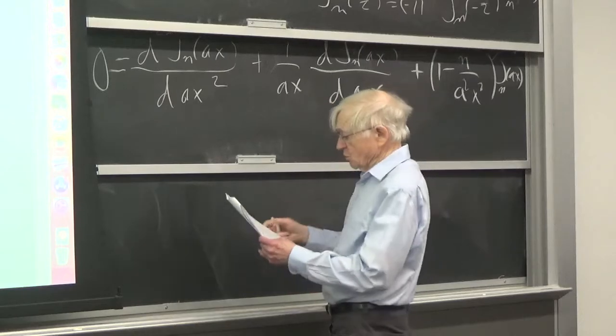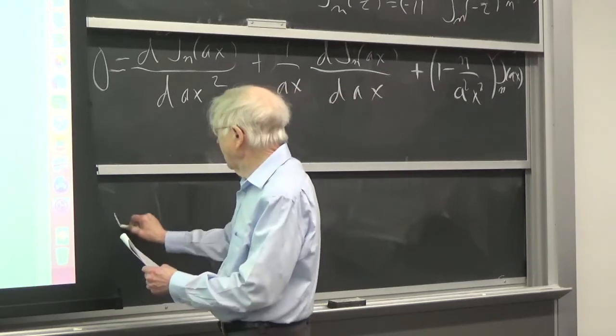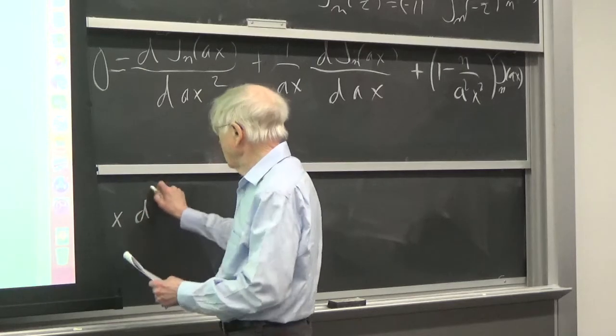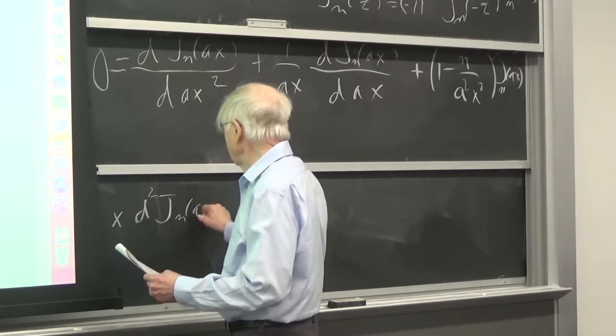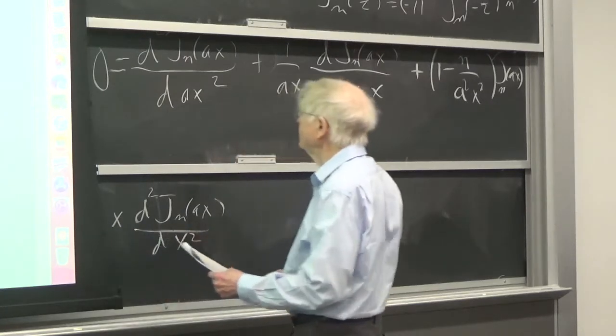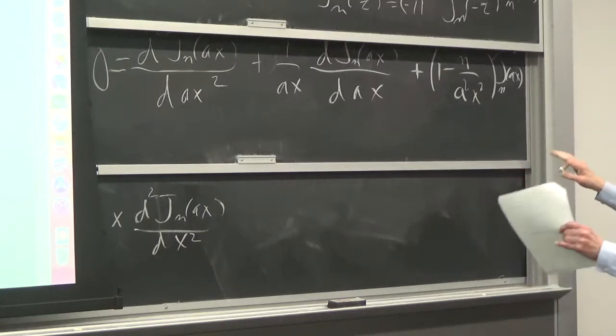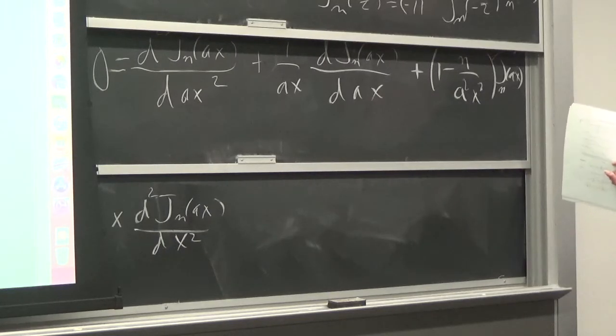So if we have this equation, we can rewrite that as x d2Jn of ax dx squared. So we're multiplying the whole equation by x a squared.